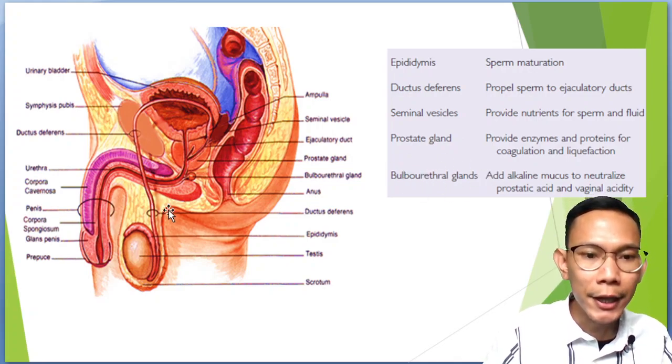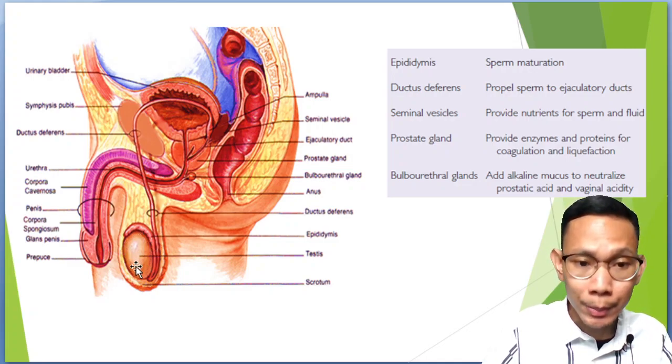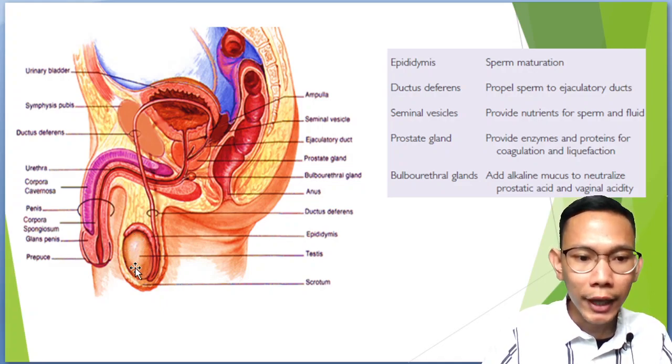So let's check. So this is your testis. It is where your semen and sperms are being produced. Then it will go to your epididymis for the maturation of your sperm. Then it goes up together with your vas deferens, ductus deferens, and then until it reaches your ampulla.